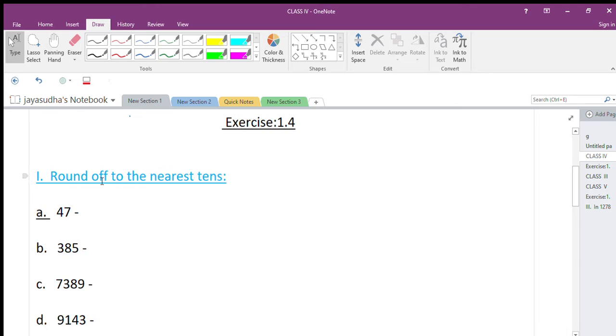Okay. Now listen children, round off to the nearest tens. Listen carefully. Now listen: 1, 2, 3, 4, 5, 6, 7, 8, 9. Below 5 are the numbers you get.